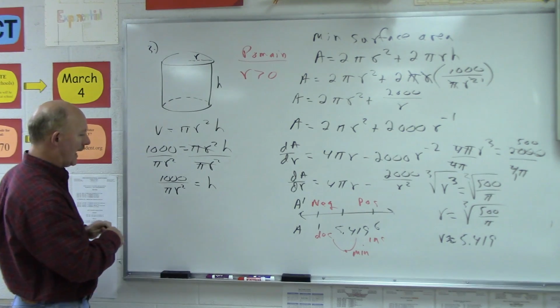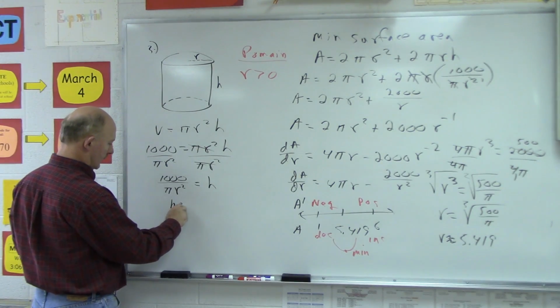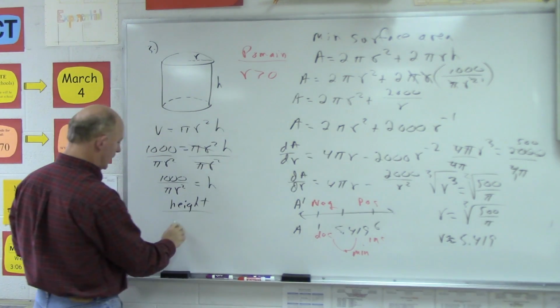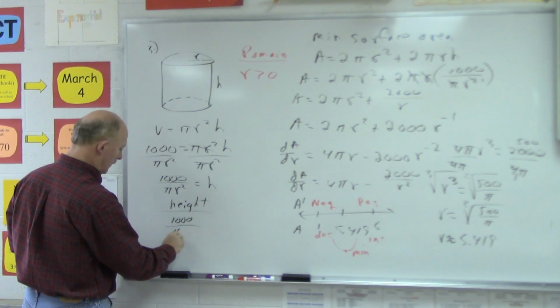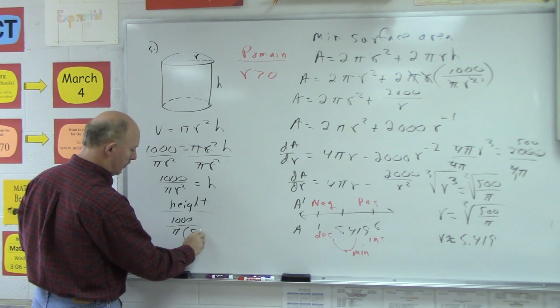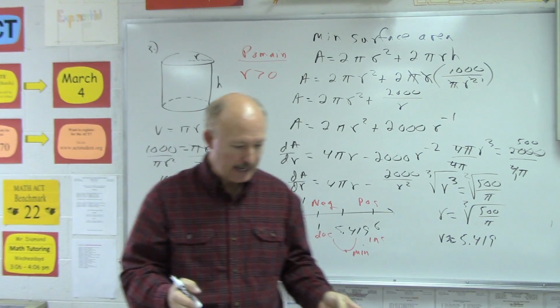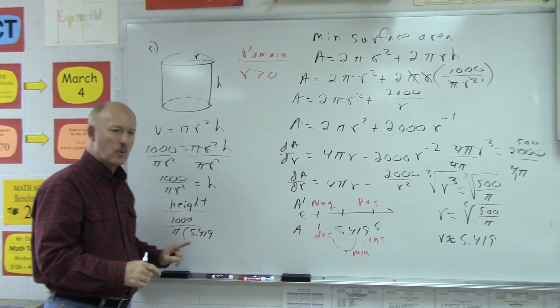To get the height of the can, let's take the radius and plug it in over here. So it'll be 1,000 divided by pi times 5.419 squared. Now, if you're taking an AP calculus class, this number right here you don't want to round off.